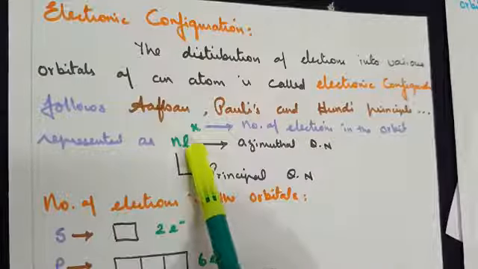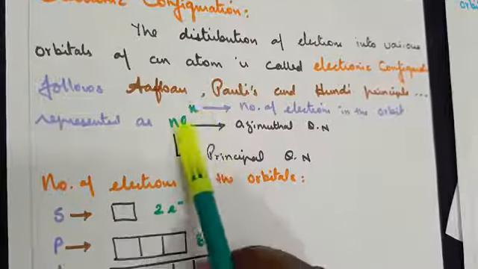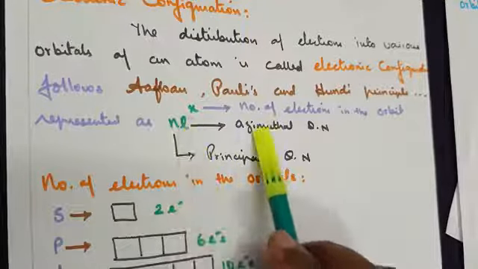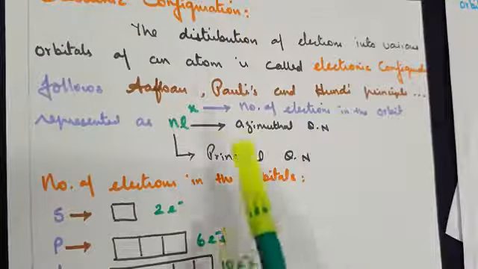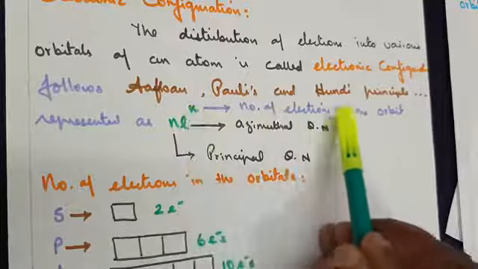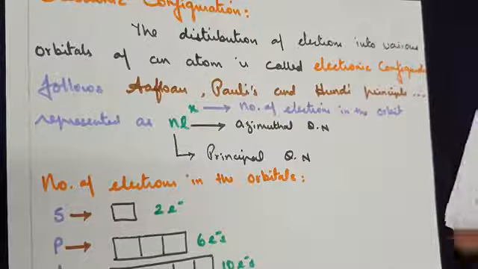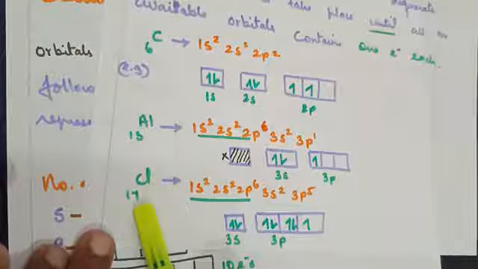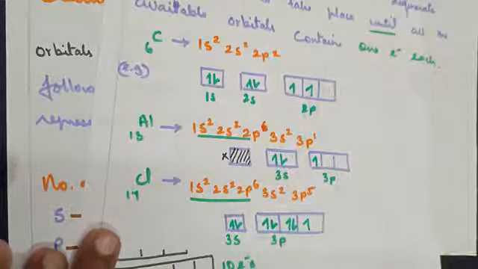It's represented as nlx. n stands for the principal quantum number, l stands for the azimuthal quantum number, and x stands for the number of electrons in the orbital. If you look at the previous electronic configurations we have written, for chlorine, the atomic number of chlorine is 17, so I have made use of this particular chart to fill in the electronic configuration.